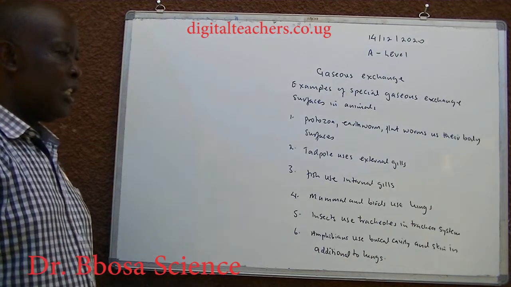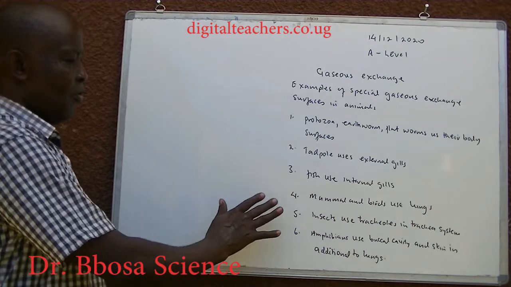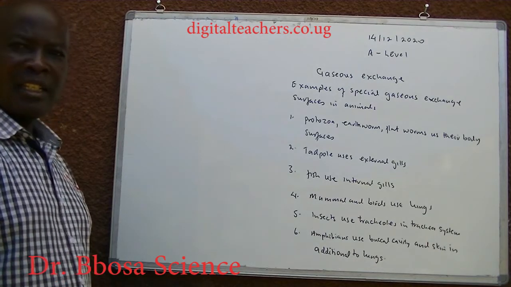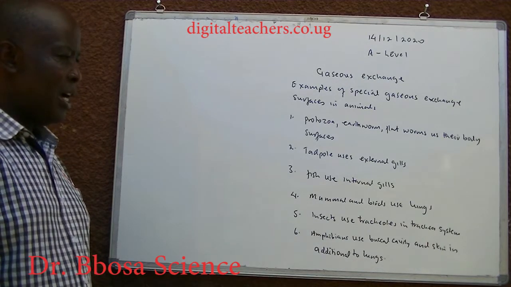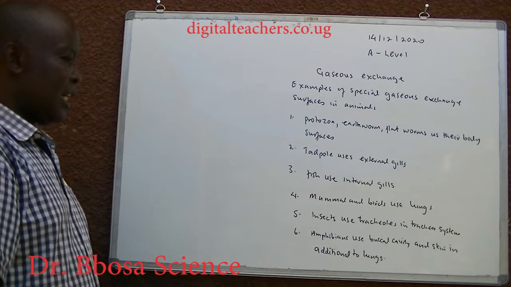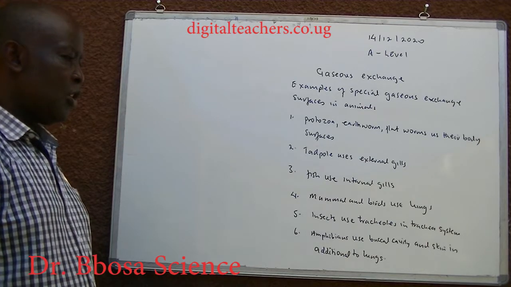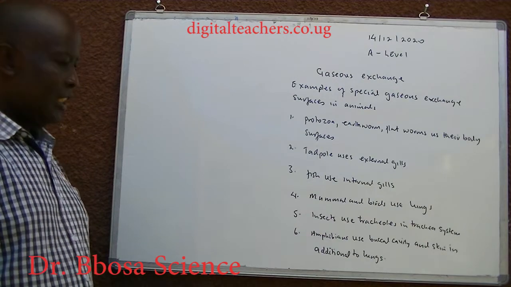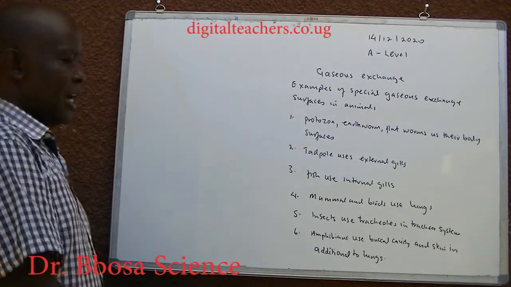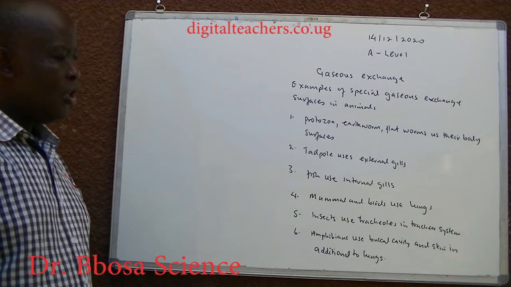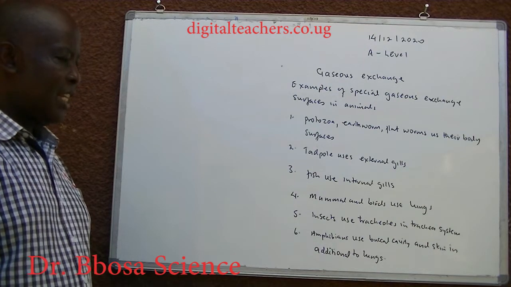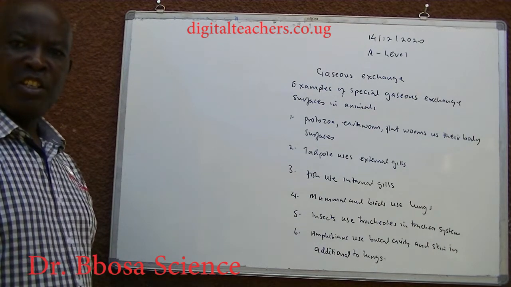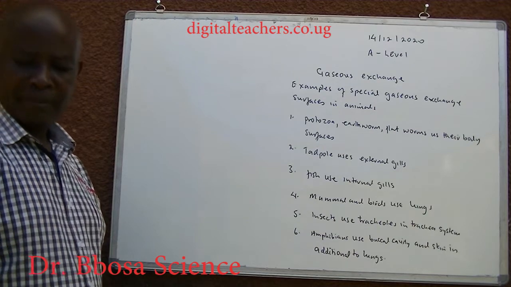Fish use internal gills. Mammals, birds, reptiles, and amphibians use lungs. Insects use tracheoles in the tracheal system. Amphibians, e.g. frog, use the buccal cavity and skin in addition to lungs.